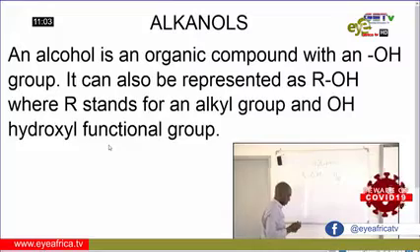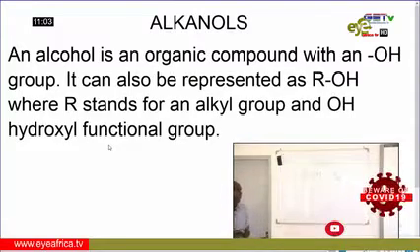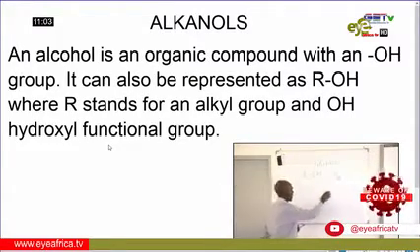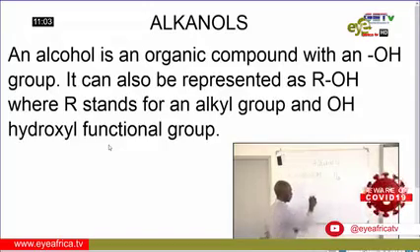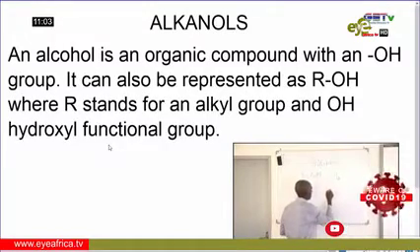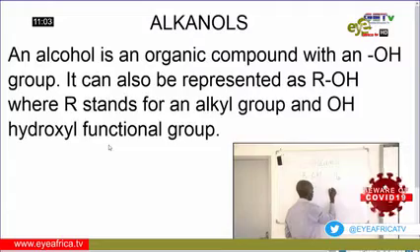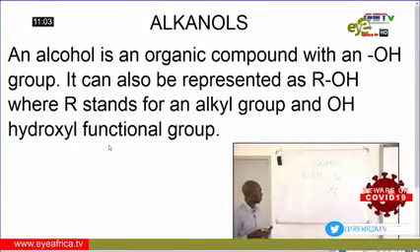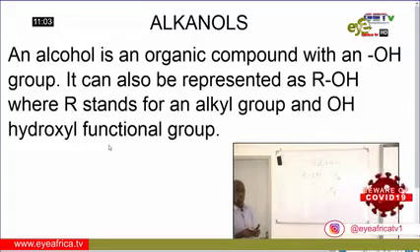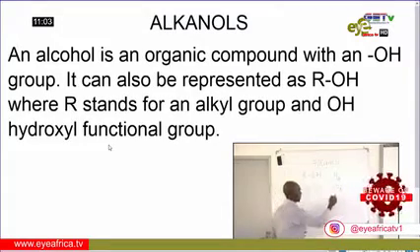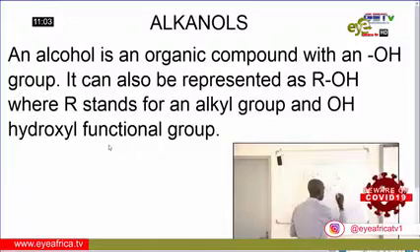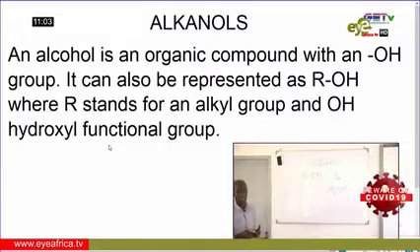is made up of one carbon, and it is called methane. If you want to make this an R group, of course we're going to remove a hydrogen. And when we remove a hydrogen, we'll have CH3, and this becomes our R group. So we can attach the OH functional group to make it an alcohol.